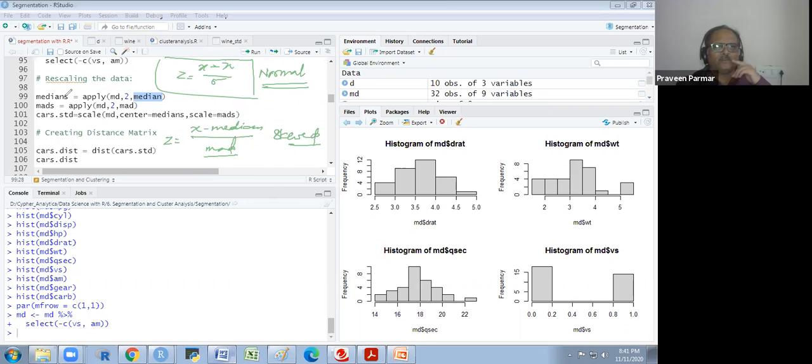So this formula I am applying here, and I have given the object name medians. The apply function I am using, MD is the data, 2 is the margin which shows each column, and we are calculating the median. And I have taken another, the mean absolute deviation for each column. Got it?